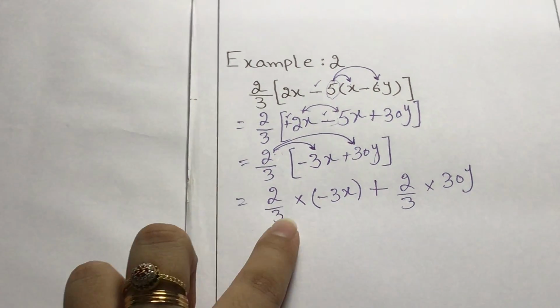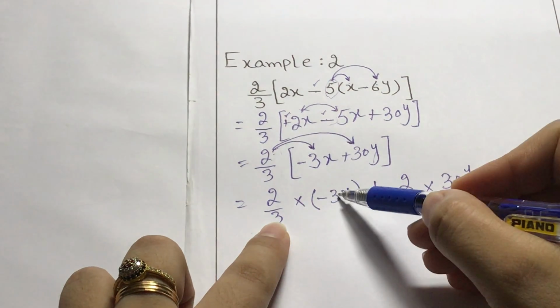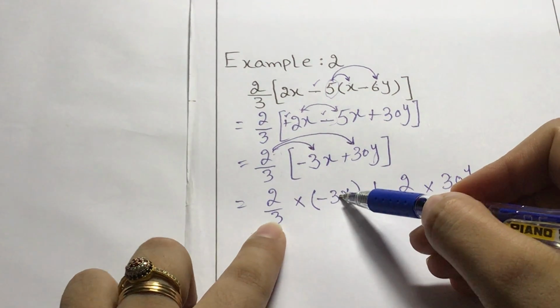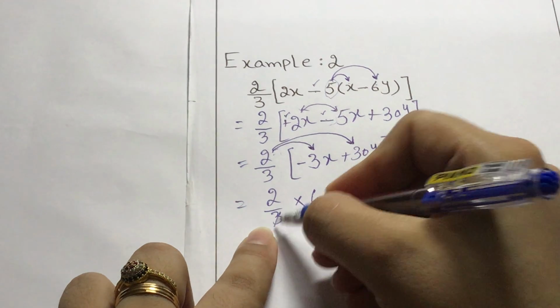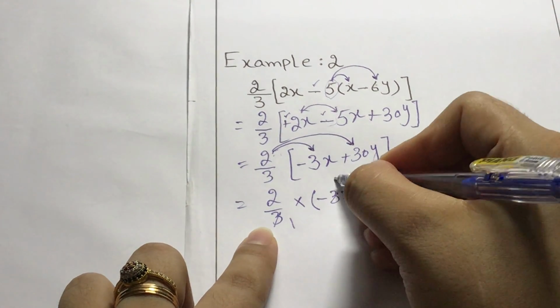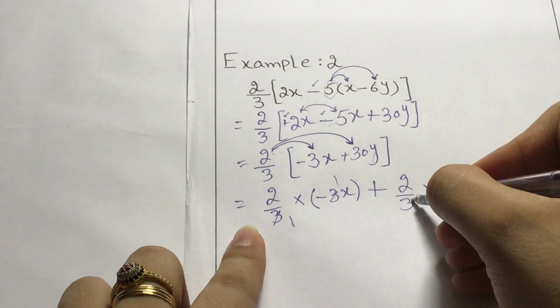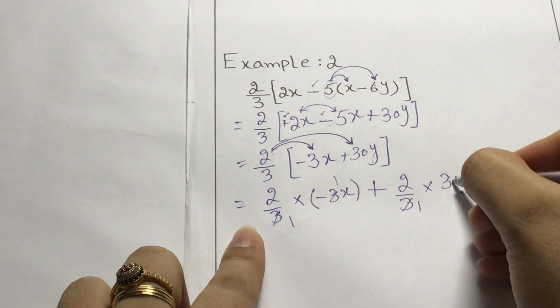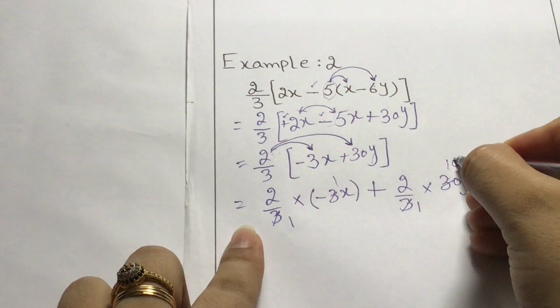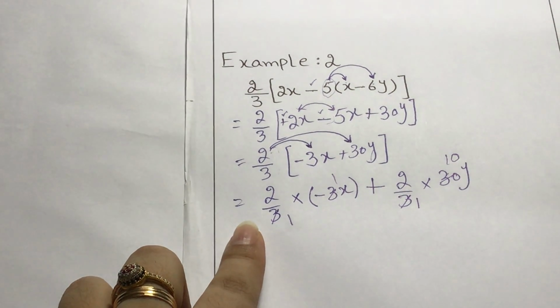Now you can see 3 and 3 both are divisible by 3. So we can do the simplification. 3 1s are 3 and 3 1s are 3. Similarly, 3 and 30 both are divisible by 3. So 3 1s are 3 and 3 10s are 30. Right?